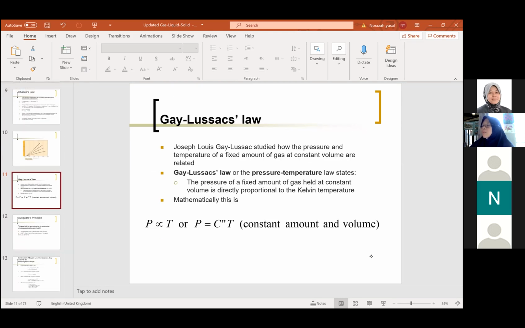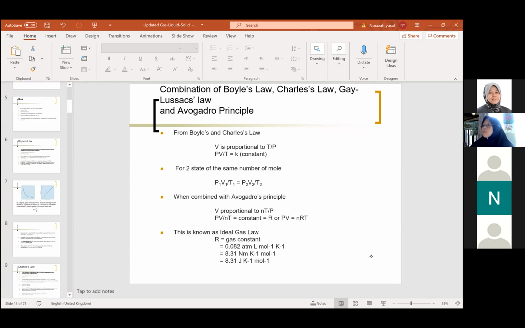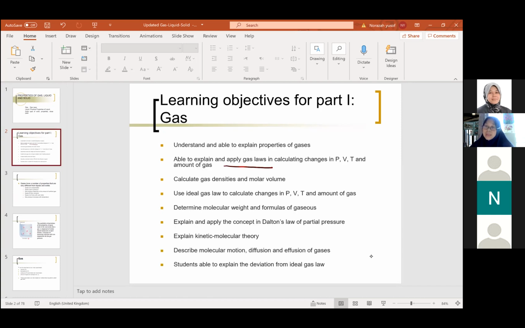And then a combination of all the gas laws. So you have to memorize all the formulas.